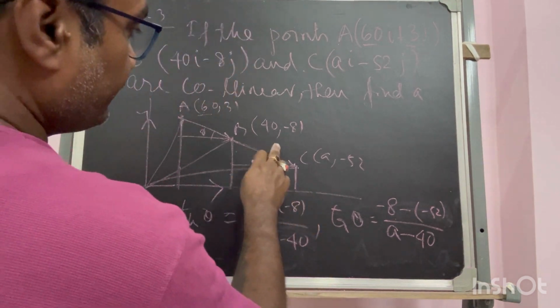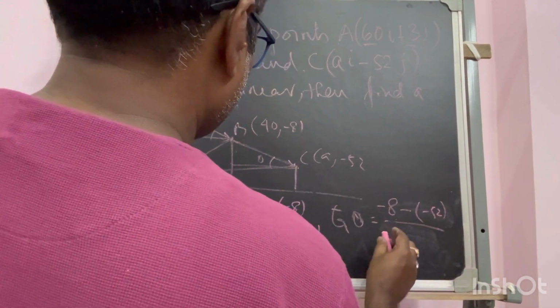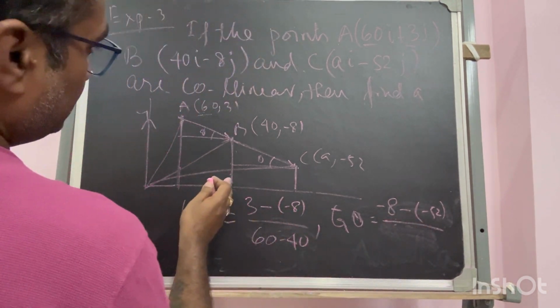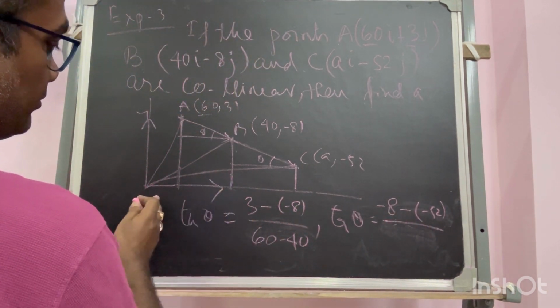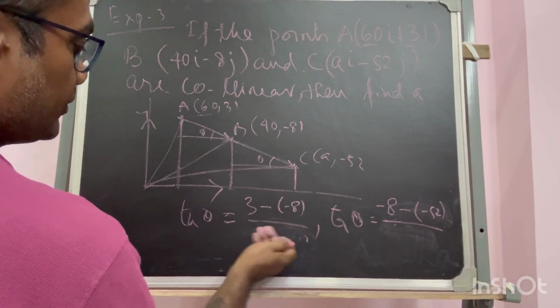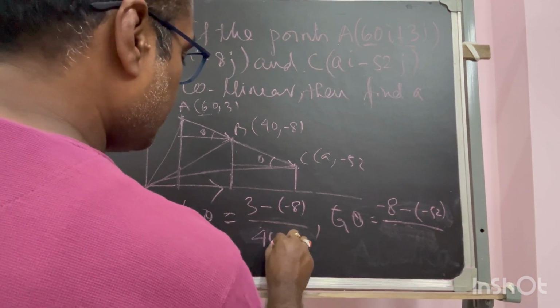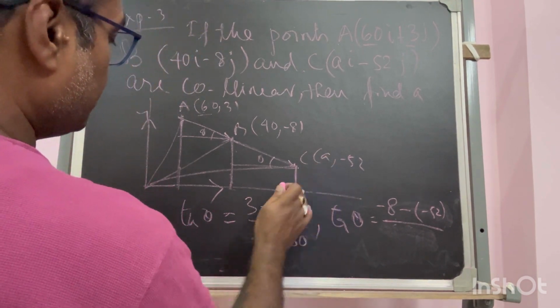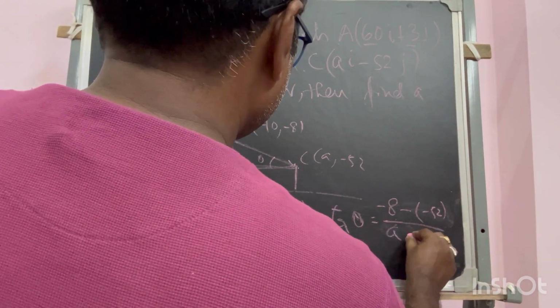If I take the same orientation, 40 will be higher. The 40 minus 60 I am doing here. I am keeping the same orientation. 40 minus 60, in that case also A is assumed to be high, so A minus 40.